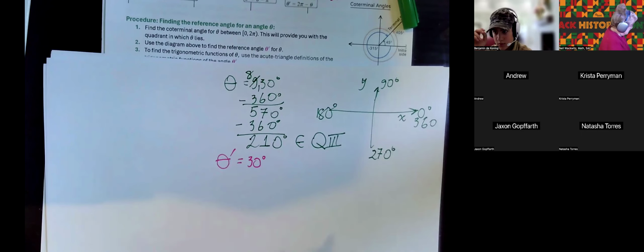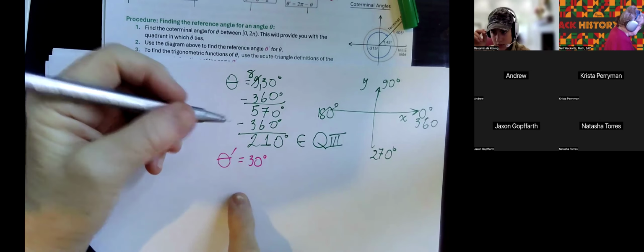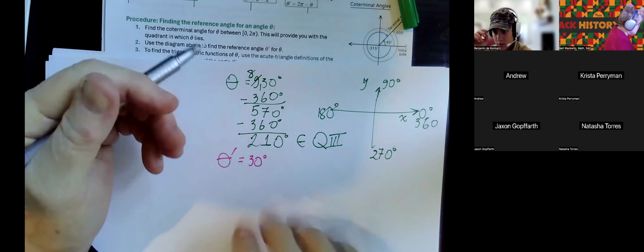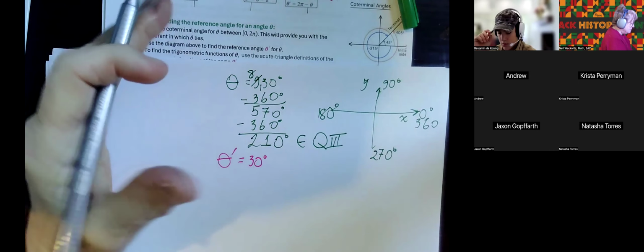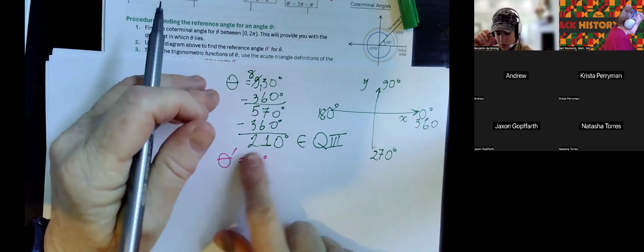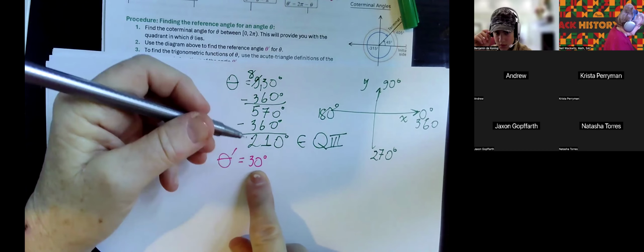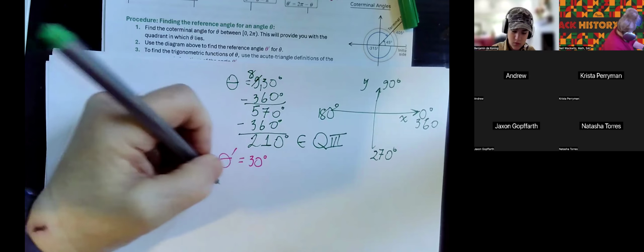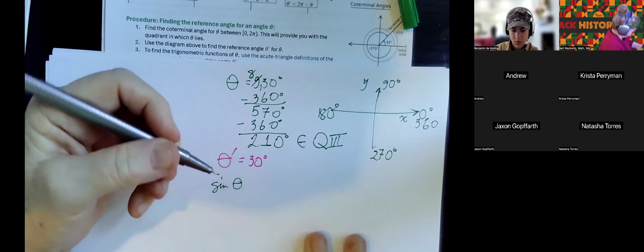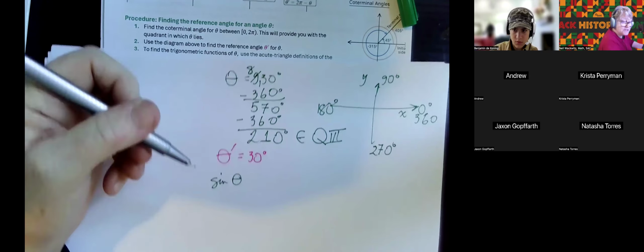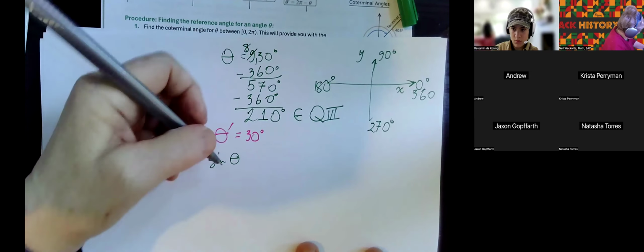Excellent. And so now we just need the 6 trig functions of 210, which are the same, except for the signs, as the 6 trig functions of 30. So it's not fair, but sine almost always comes first, before cosine.